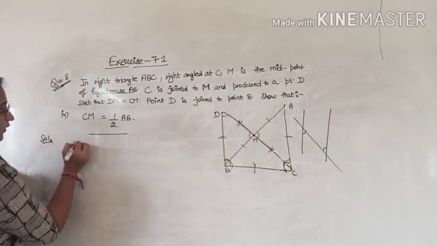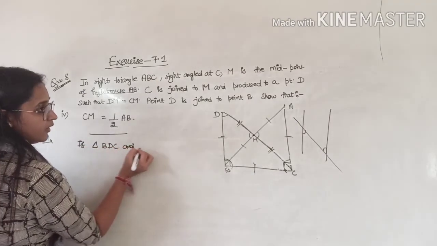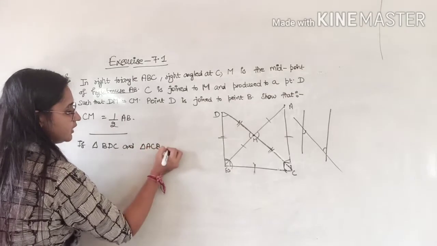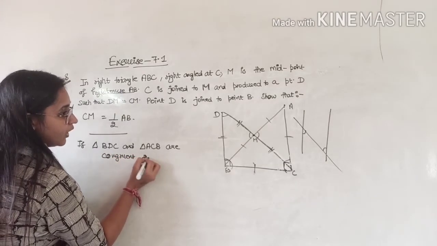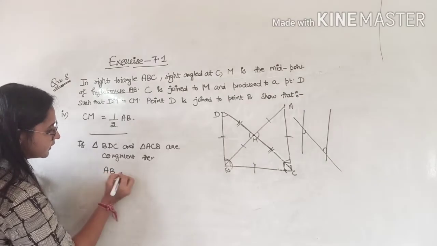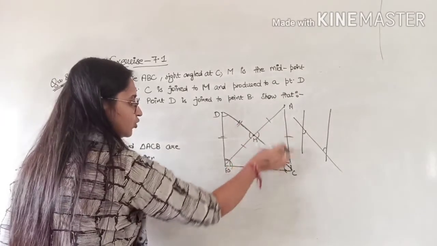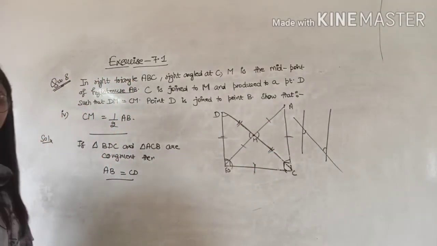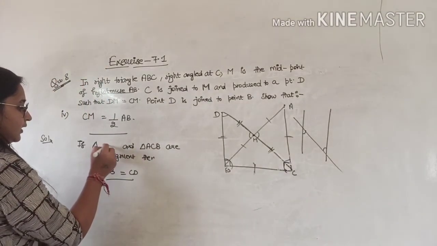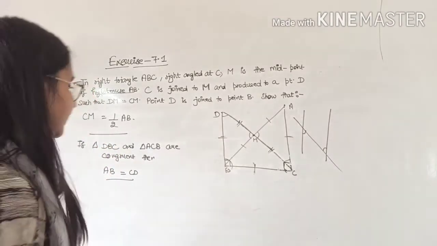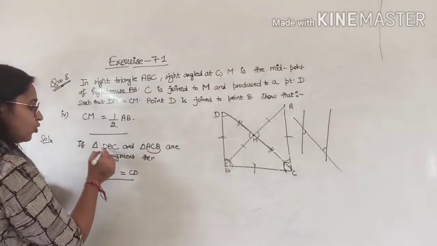If triangle BDC and triangle ACB, these two triangles, are congruent, which we have already proved in the third part, triangle DBC and second triangle ACB, then I can write AB is equal to CD.